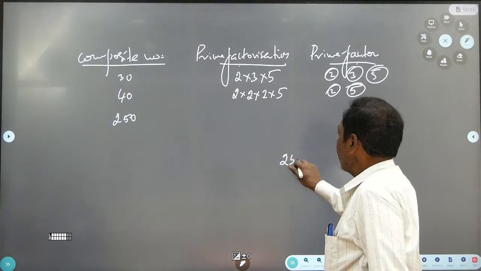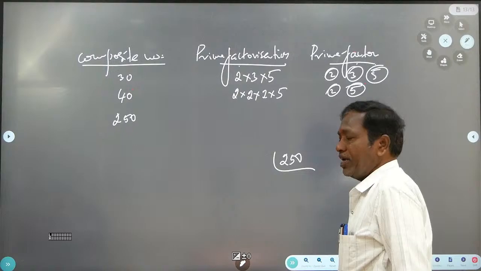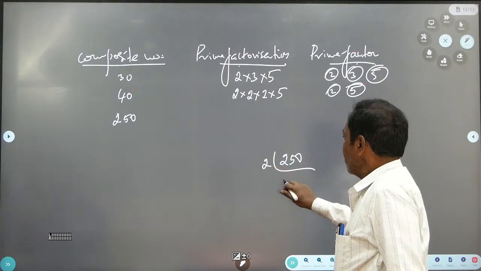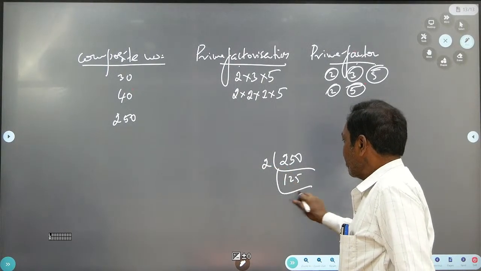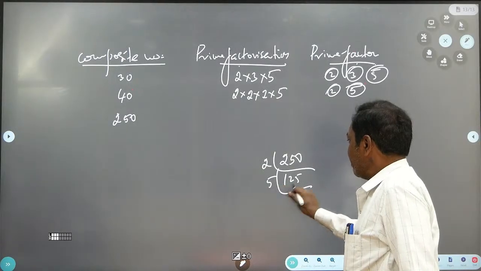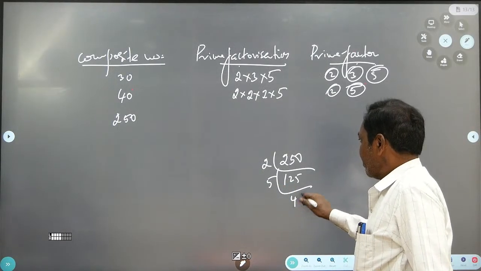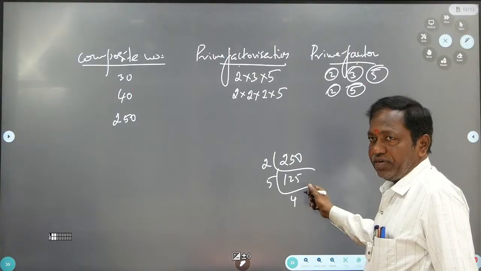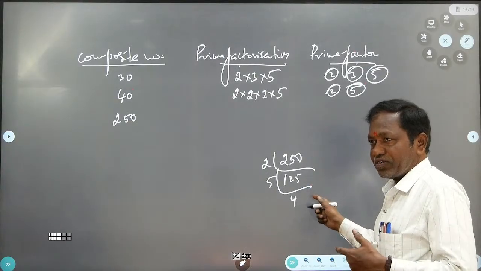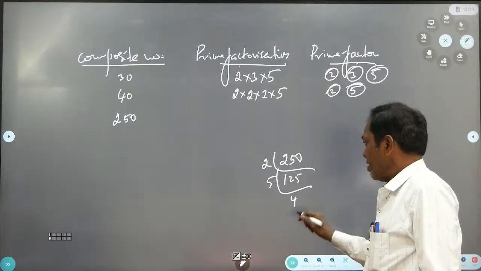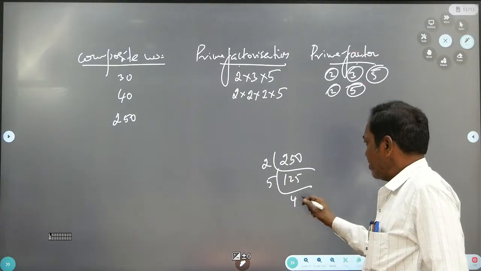What is the process of finding the LCM? 2, 125. 125 is a multiple of 5. When the last digit is 5, it is a multiple of 5. It's a prime number, 5 is also. So, 5.